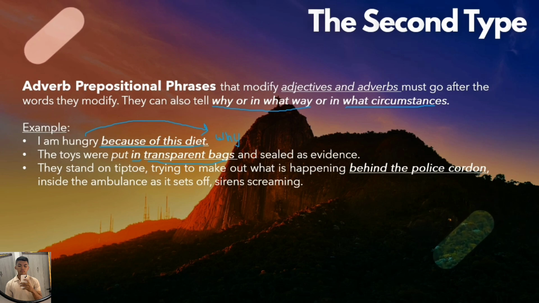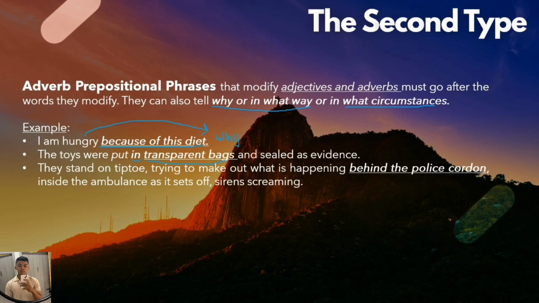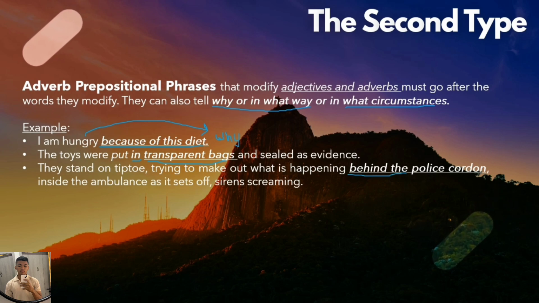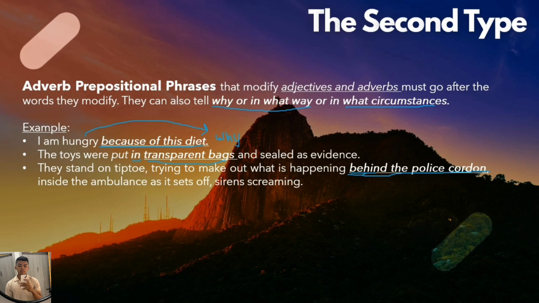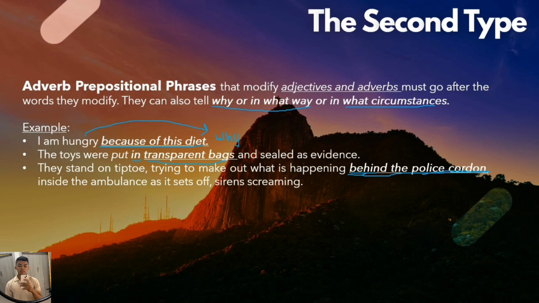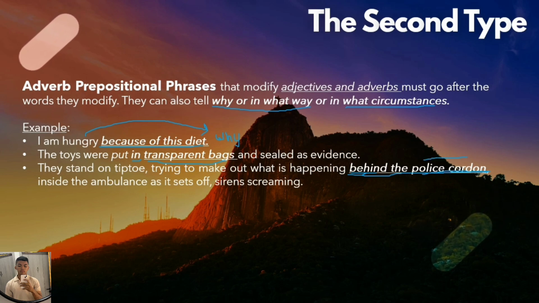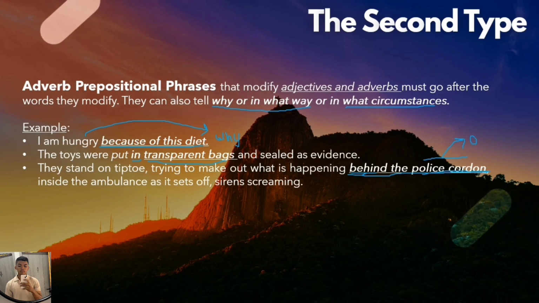One of the prepositional phrases in the sentence above is "behind the police cordon." This prepositional phrase is in the position of adverbial function, because "behind" is the preposition and "the police cordon" is the object. It is connected with the word "happening," and "happening" is a verb.